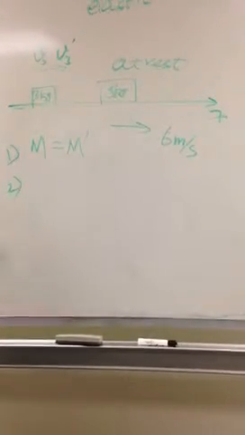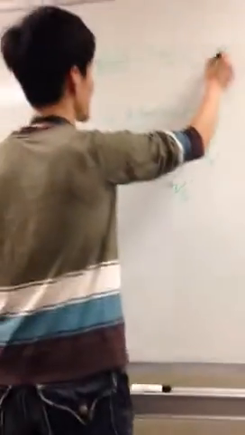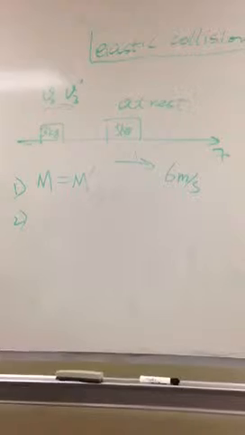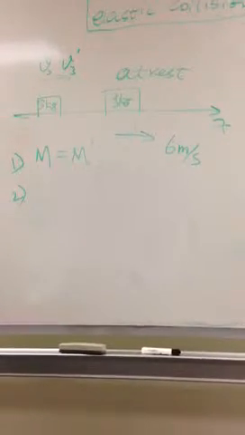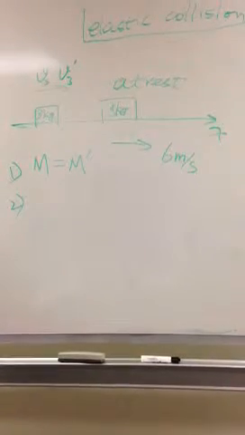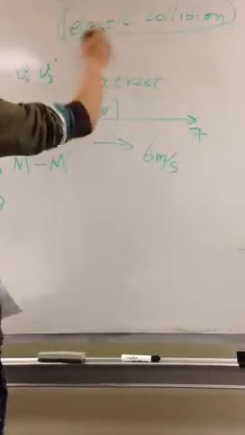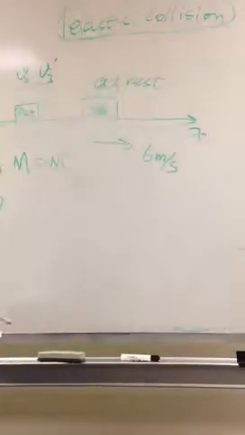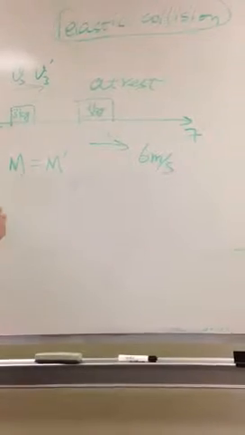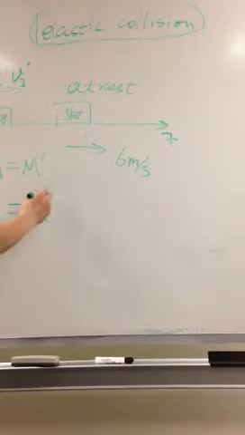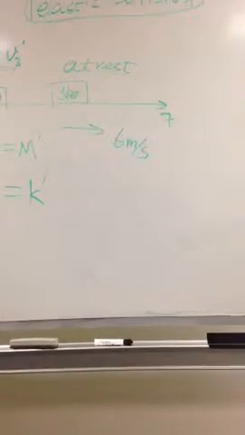The second one: because it's an elastic collision, the kinetic energy should be the same, because there is no loss of energy. So the kinetic energy at the beginning should be equal to the kinetic energy after the collision, right?